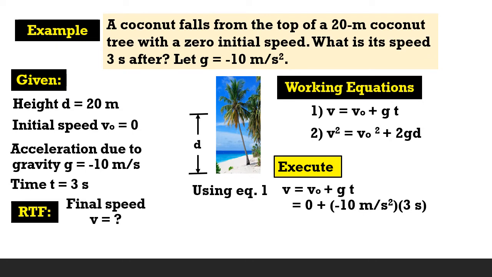And we will get negative 30 meters per second. The negative here simply means that the direction of the velocity is downward. But of course, we are asked for the final speed, and therefore v is in fact equal to 30 meters per second.